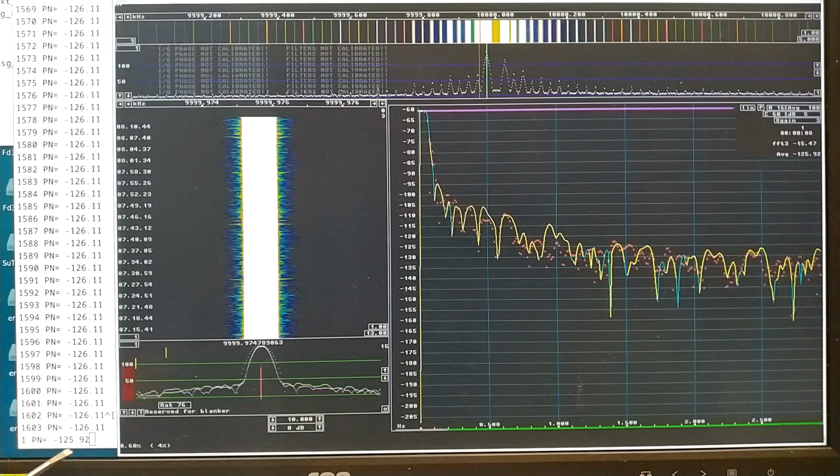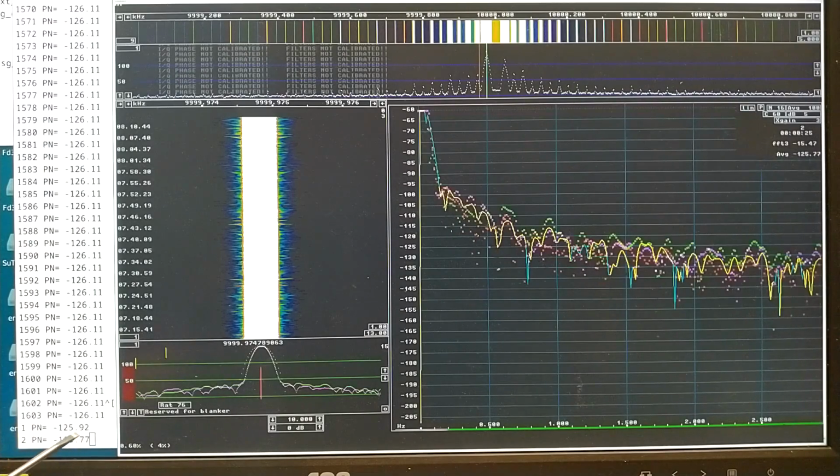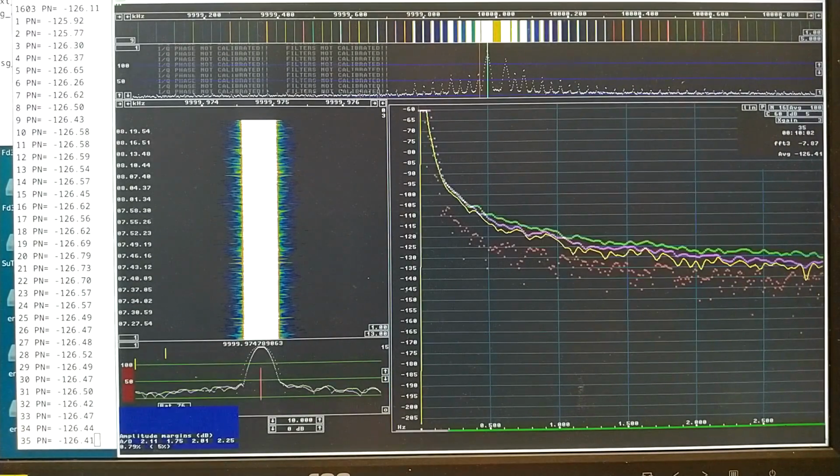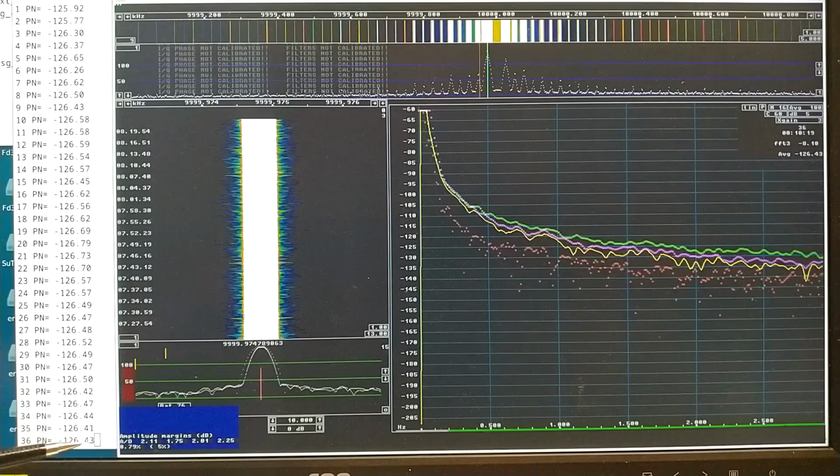The first point is minus 125.92, then 0.77. And I think I will have to wait for 10 minutes or something like that. This is 10 minutes. I have 35 averages, and at this point the average is minus 126.4. That is 0.3 decibels off from the long time average I had.